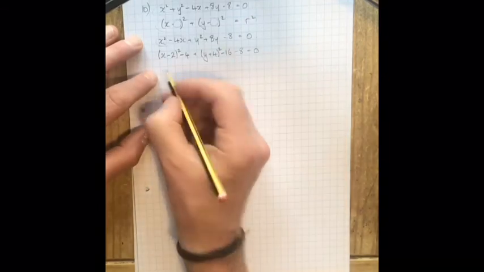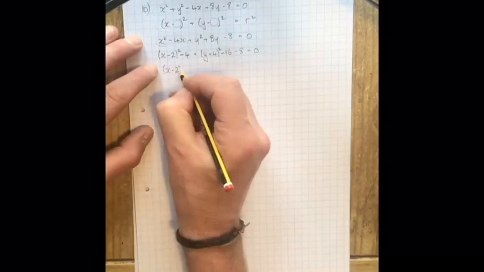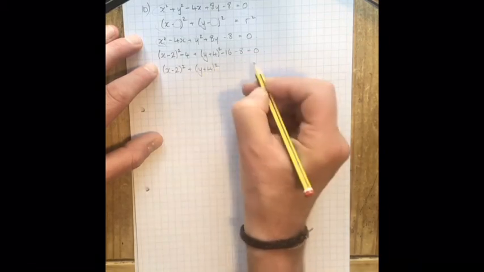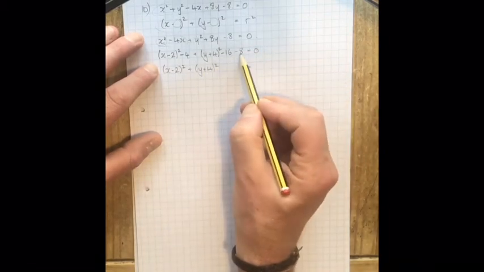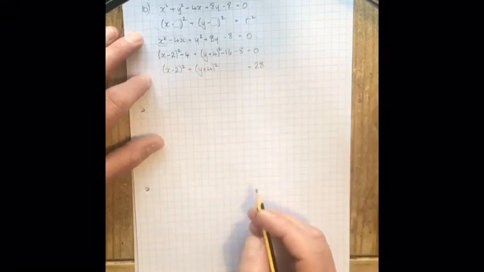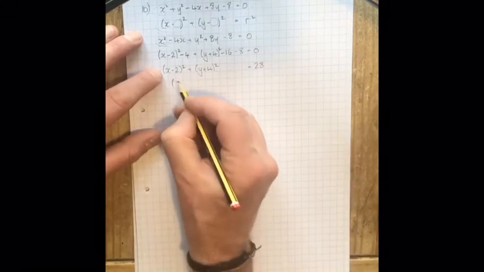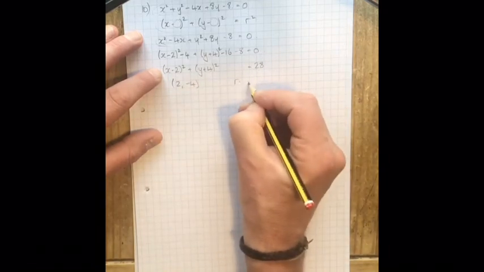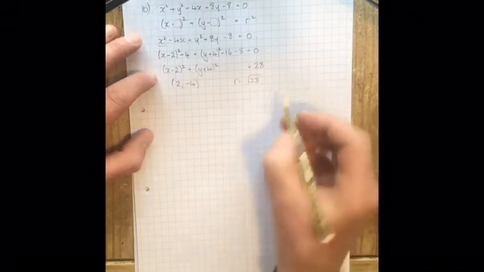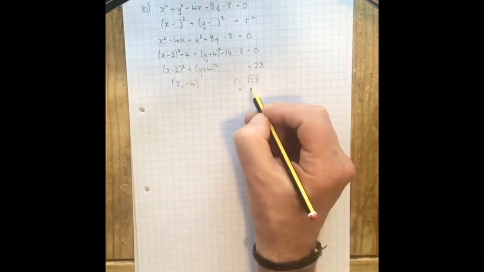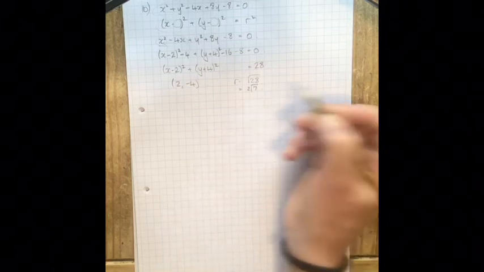And if I rearrange all of this, I get x minus 2 squared plus y plus 4 squared equals 28. So therefore the centre of the circle is 2, minus 4, and the radius is the square root of 28, which we rearrange to be 2 root 7.